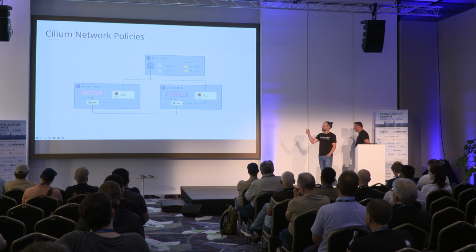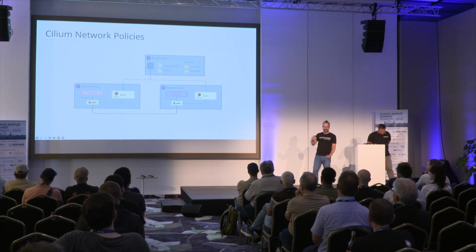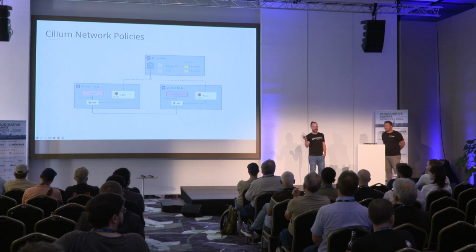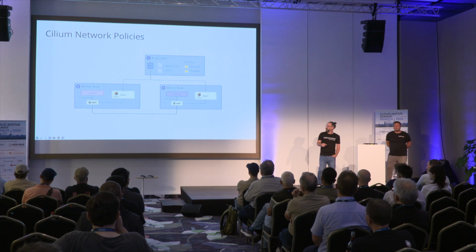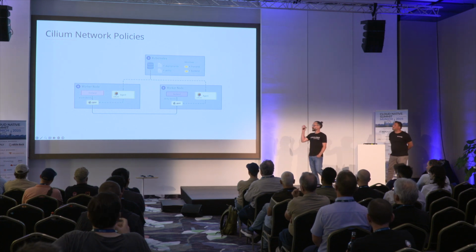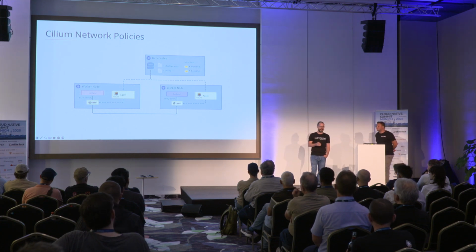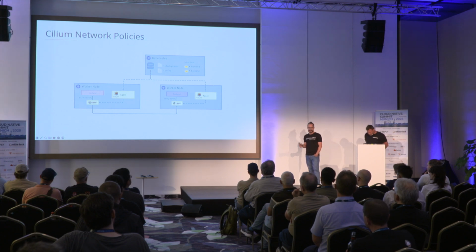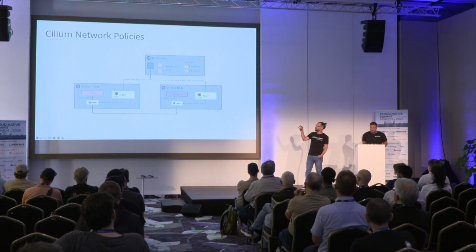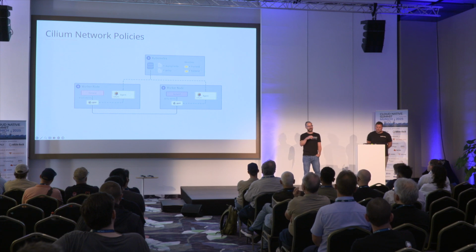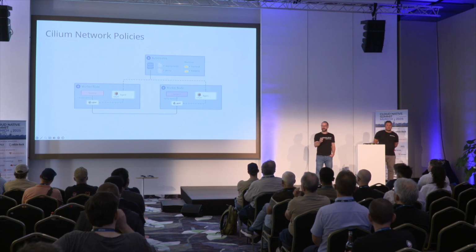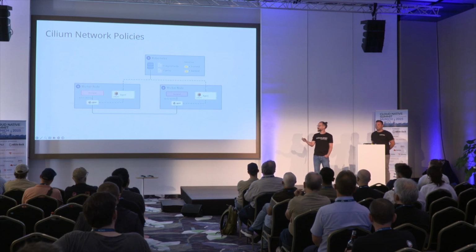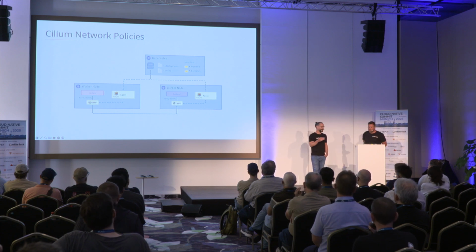The Cilium agents on every node are in charge of translating policies that we send to the Kubernetes API into eBPF code and injecting it into the kernel. Usually, we use Kubernetes-related identities like labels and namespaces to target which policy applies to which workload and which destinations are allowed to be talked to. Obviously, we can also use other identities like IP addresses or FQDNs.